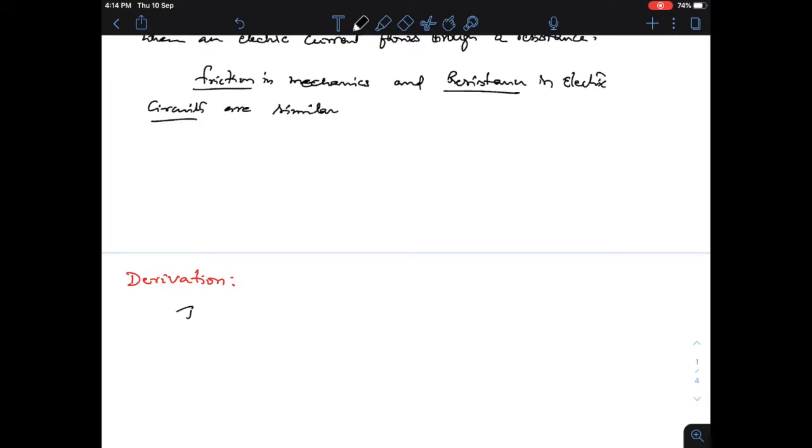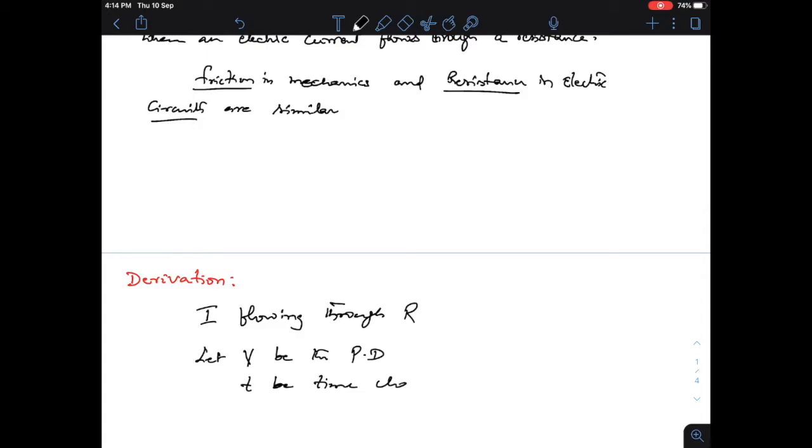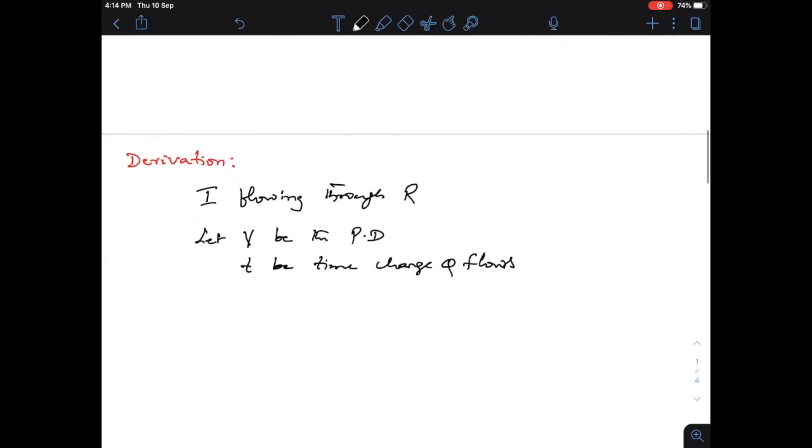The current I is flowing through the resistance R, and let V be the potential difference and t be the time during which the charge Q flows.